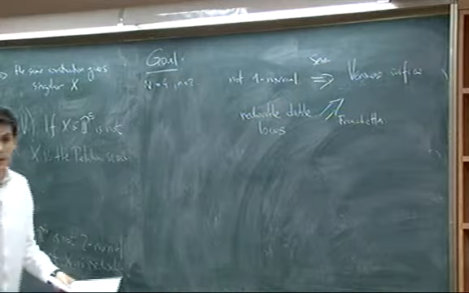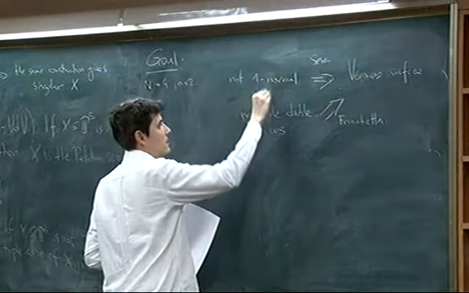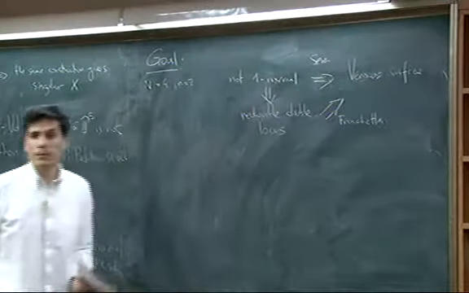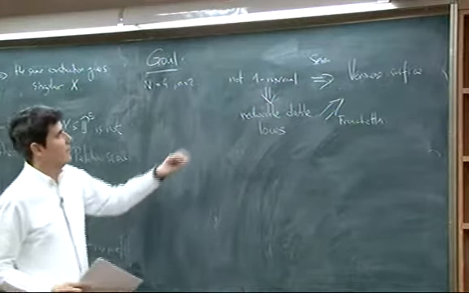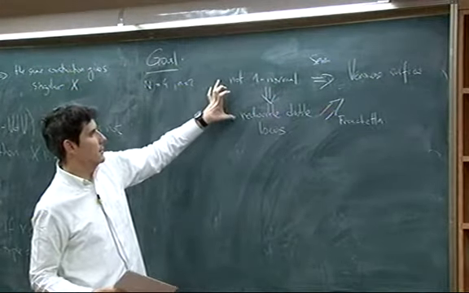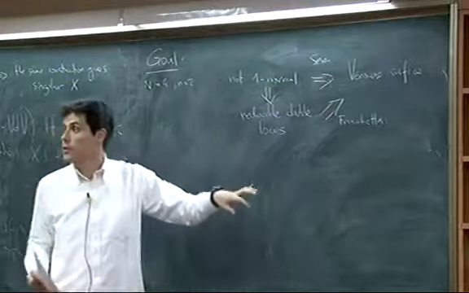But I will show in a minute that this is very simple. If this is not linearly normal, the double locus is reducible.